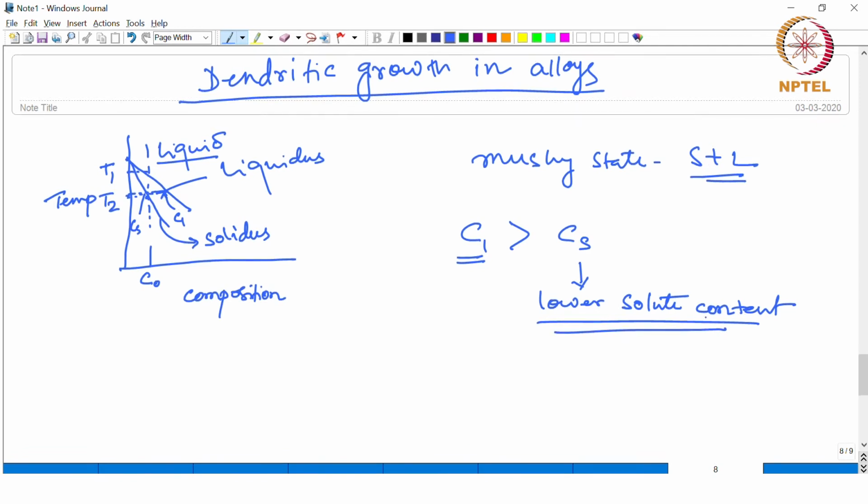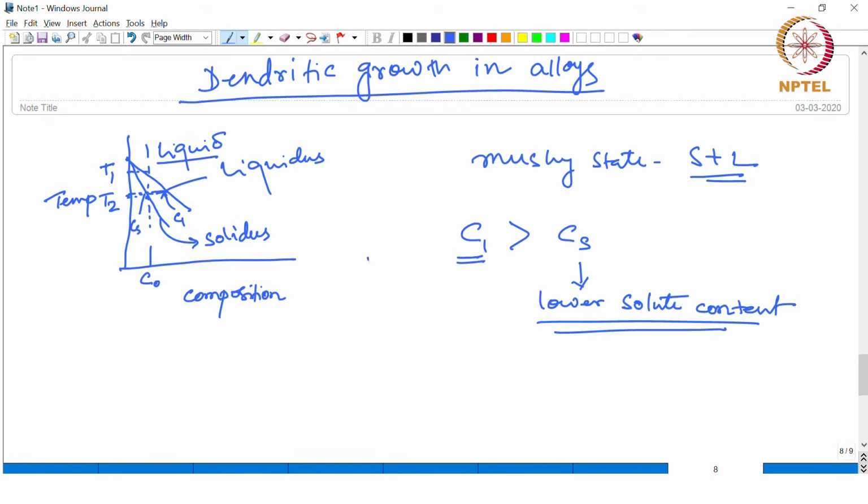As a result of it, the liquid which is in contact of the solid or in close proximity, the liquid surrounding this solid which has just formed, will be richer in the solute. So the composition of the liquid at the interface and the composition in the liquid away from the interface will be different. It is going to decrease as you move away from the interface.